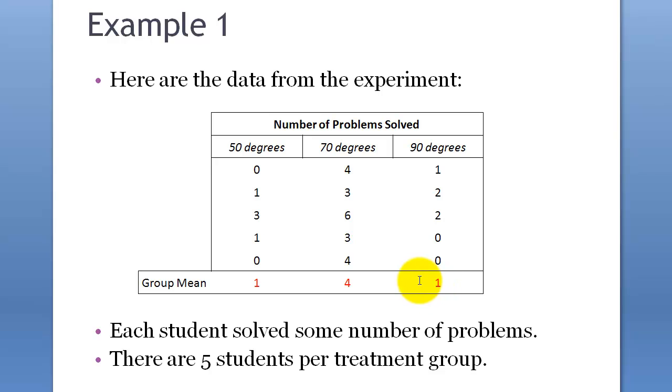At a glance, it looks like 70 degrees is better than 90 degrees or 50 degrees in terms of solving math problems. And what we can do with ANOVA is examine if there are any differences between these 3 values, 1, 4, 4.